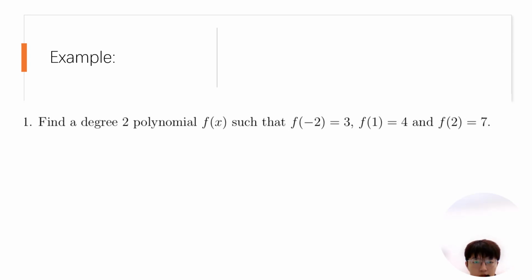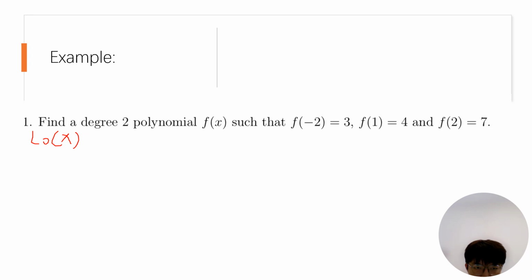Okay, let's do the example. Find a degree 2 polynomial f(x) such that f(minus 2) is 3, f(1) is 4, and f(2) is 7. First, we must find the basis of Lagrange interpolation.